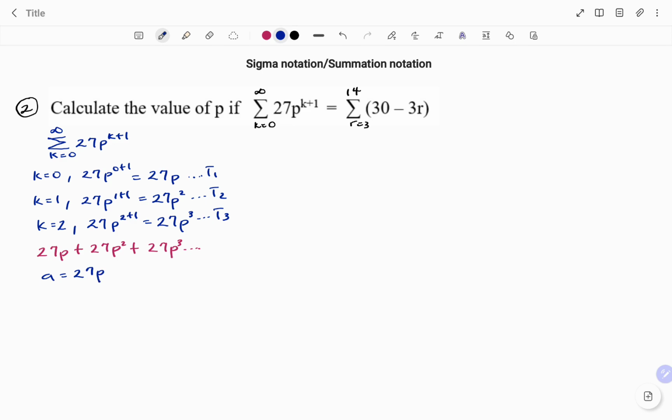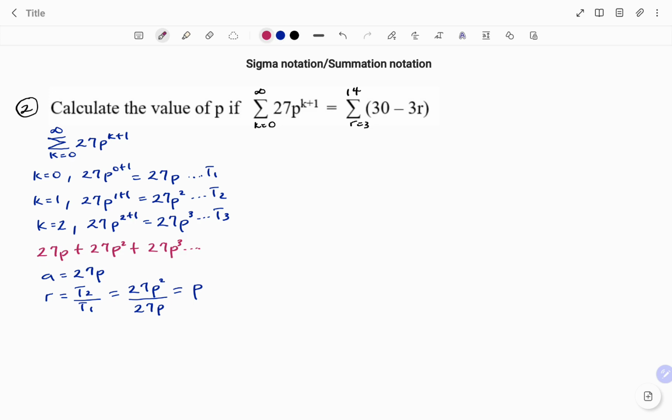To find the common ratio, r is equal to the term in front, t2, divided by the term behind, and that will give us 27p squared over 27p. If we divide, applying our laws of exponents, that will be equal to p.